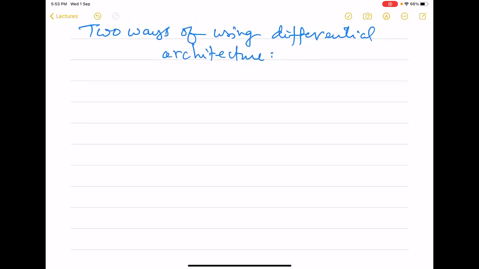In one way, we keep the potential at the source of the MOS constant.